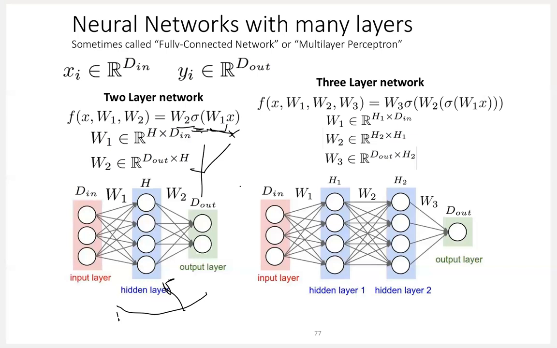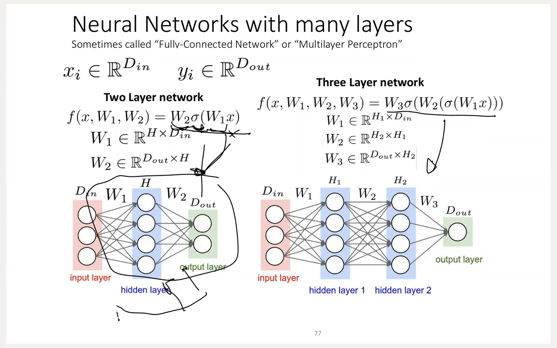Otherwise, it is equal to zero. After the activation function, I can multiply by another W2, so it will be like this. This represents the figure here. And I can have three layers, which can again be represented very concisely with this matrix formulation.